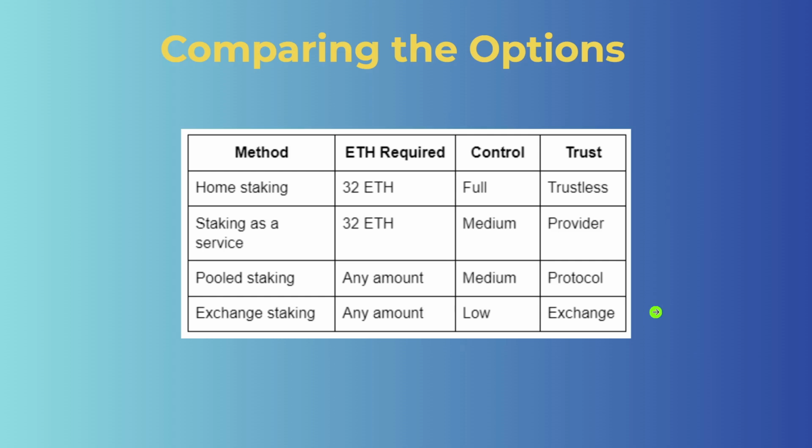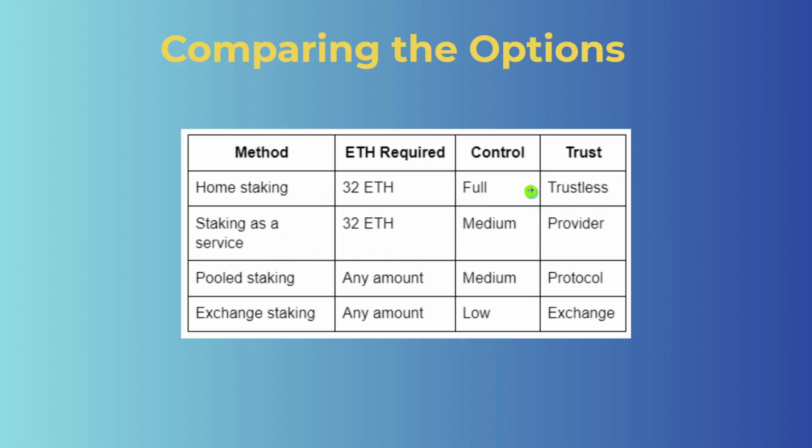In this table here, we are comparing all the options that we have discussed. Remember that liquid staking is included in pooled staking. In home staking, we are required to stake 32 ETH, also in staking as a service. In home staking, we have full control. In staking as a service, we have medium control.